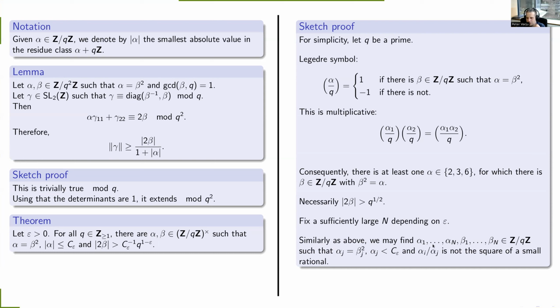And the way to formalize this condition is that if you take the ratio of the alphas, then they are not squares of small rational numbers. So if I have 2, then I don't want to have 8. Okay, so I find a list of these residues alphas which have square roots.